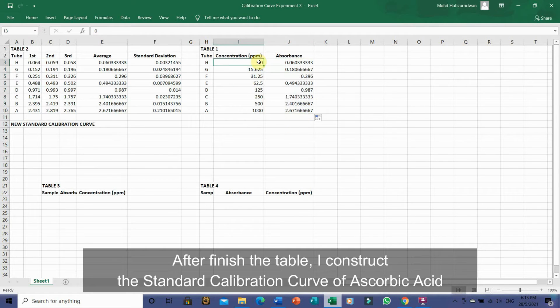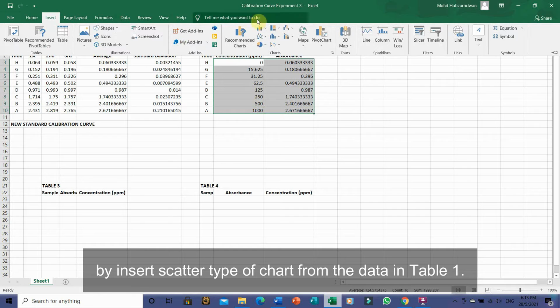After finishing the table, I construct the standard calibration curve of ascorbic acid by inserting a scatter type of chart from the data in Table 1.